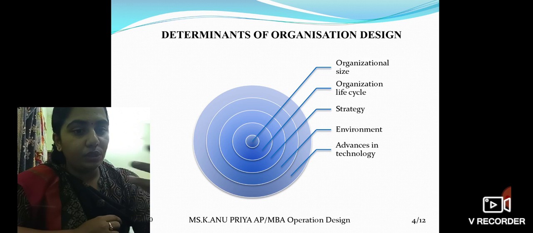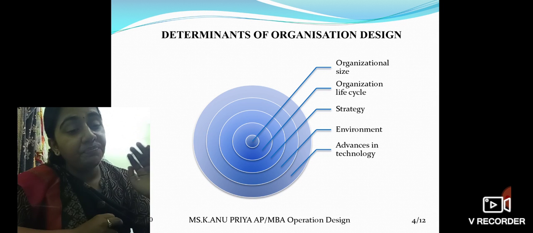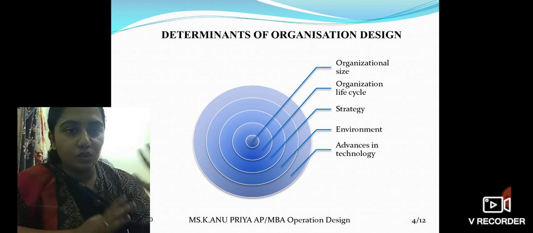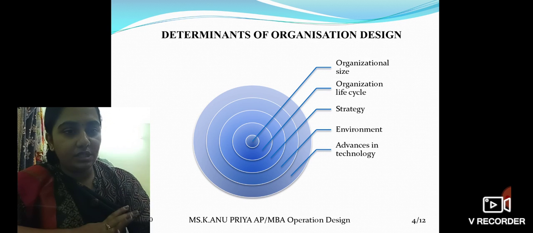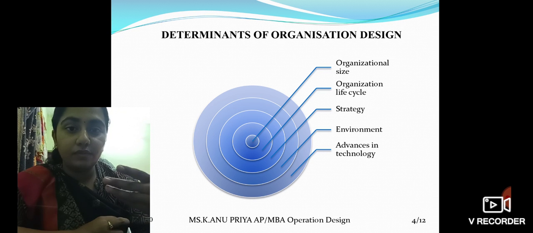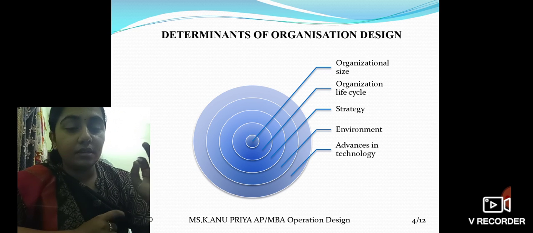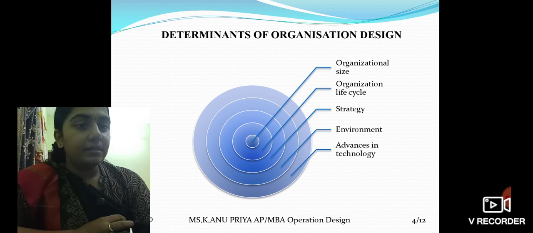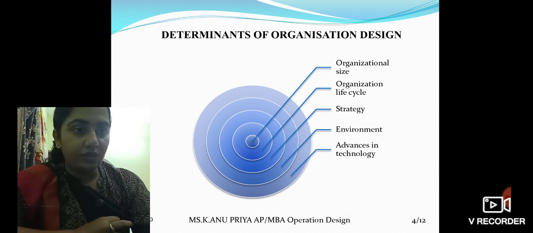If my grandfather is in the US and I am in India, I am able to view him, see what he is doing, and talk to him live in a video conference using a mobile phone. That is a technology update, right? So that is the advantage in technology.